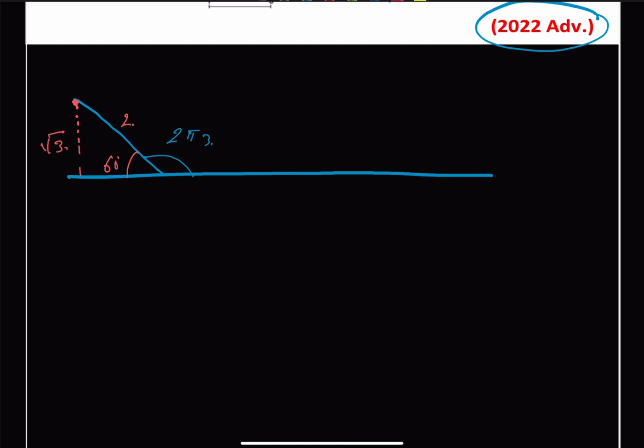We are given a lens, and its distance from the object is given as 40 by 3. We are also given the height of the image and the angle it is making with the principal axis.